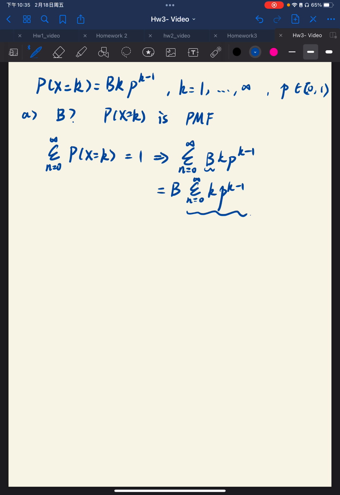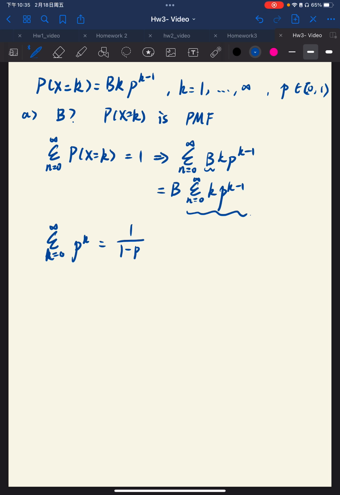So basically it looks like a kind of geometric series. We know that the sum of the geometric series from k = 0 to infinity of p^k equals 1 over 1 minus p.